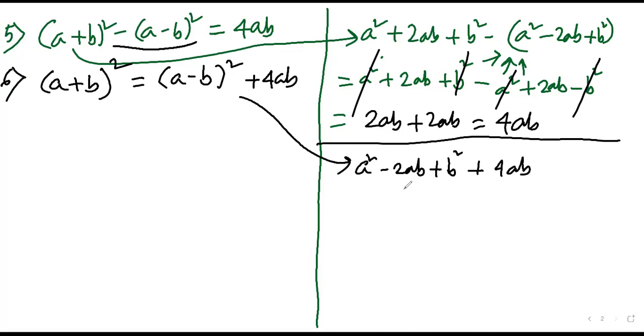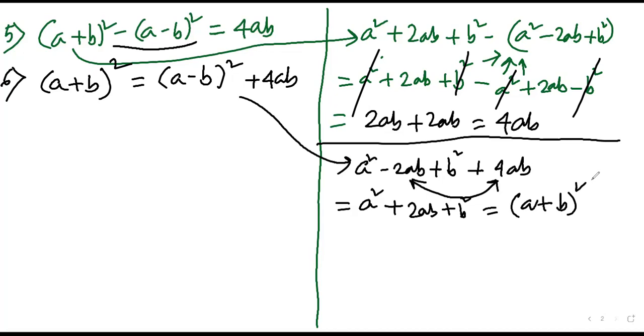So minus 2ab and plus 4ab, subtracting from greater to smaller, we get plus 2ab, and a square and b square, and this gives us a plus b whole square. That is why I have written a plus b whole square equal to a minus b whole square plus 4ab. Okay, this is another expression.